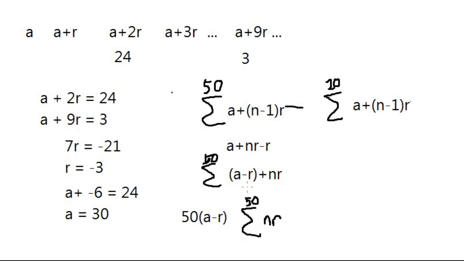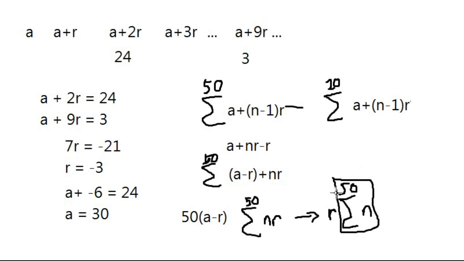So this can also be written as r times the sum of 50 n. Here we have this one thing that can be found using the standard series formula, or if you have a good brain that can remember, then you can figure it out right away, which is a bit like a trapezium.